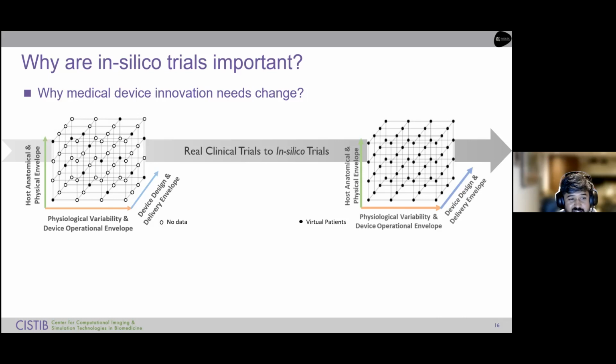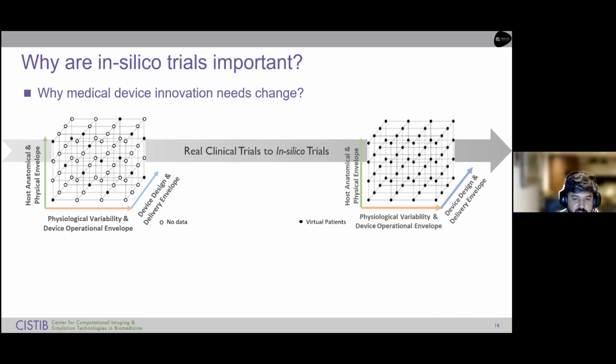But what this also means is that it's almost impossible to get a thorough evaluation of a range of medical devices across the anatomical and physiological characteristics you might find in a general populace.